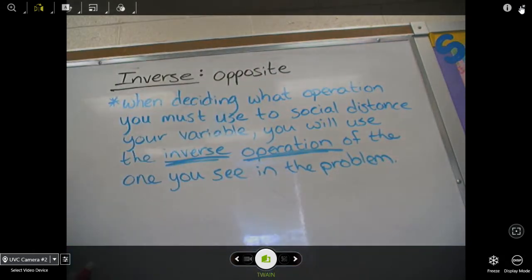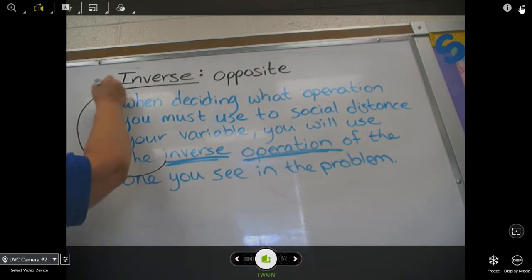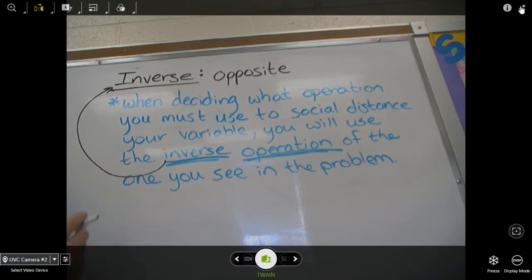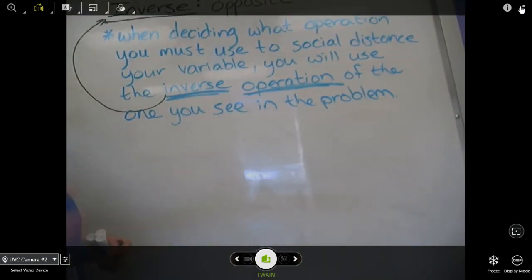Okay? So remember, inverse means opposite. So let's look at our operations.